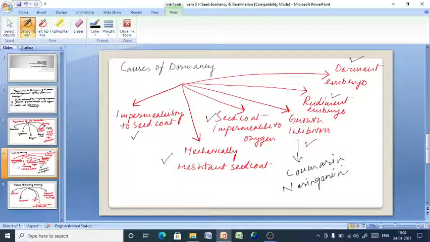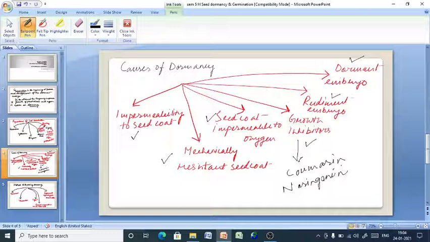Then rudimentary embryo, reduced or not too much functional. In the development of the embryos of some gymnospermous plants like Ginkgo biloba, it has been shown that the embryo does not develop as rapidly as the surrounding tissues. So when the seeds of the plant mature, the embryos are still in an imperfectly or less developed condition.